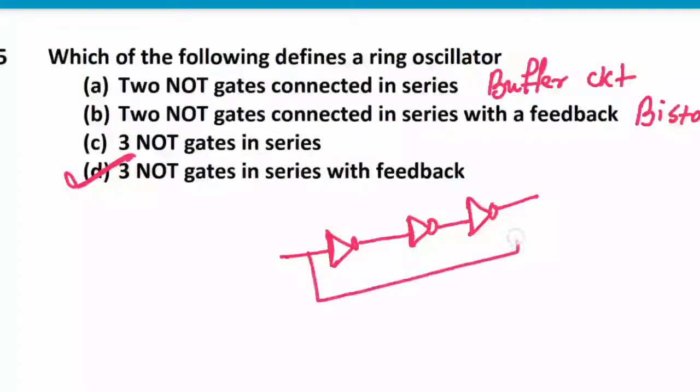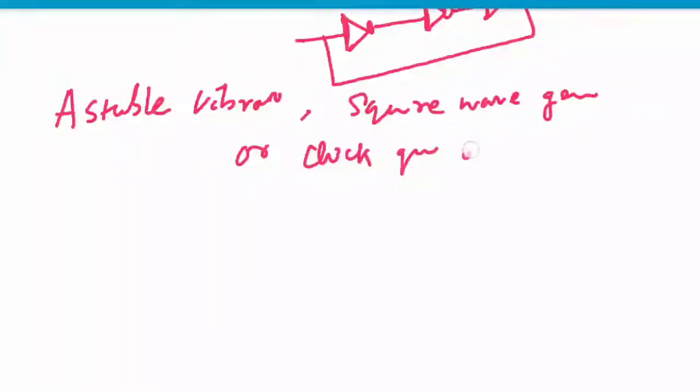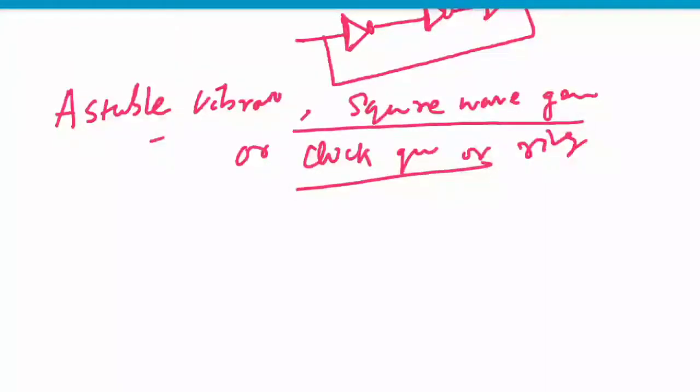This is the ring oscillator, and this is also known as astable vibrator, square wave generator, or clock generator, or ring oscillator. These are the names of this circuit.